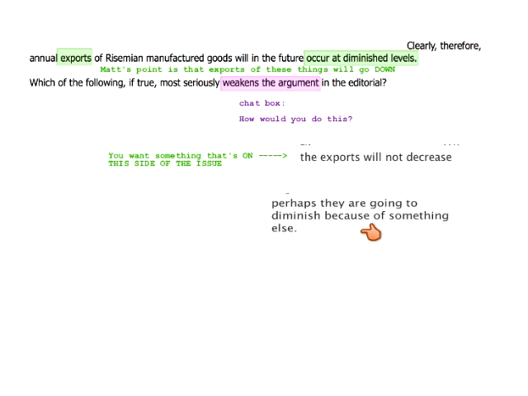You really got to have that. The argument is, will exports go up or go down? If you have this, you're still saying they're going to go down. So this is still on Matt's side. That's not what you want. You want to show that his whole thing is bunk and that he's wrong about this.